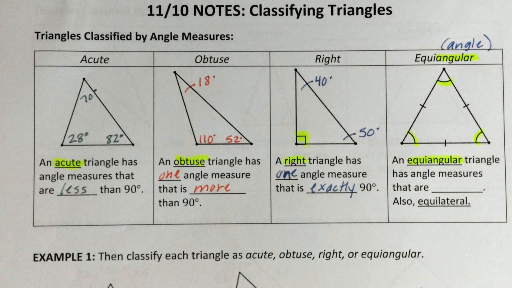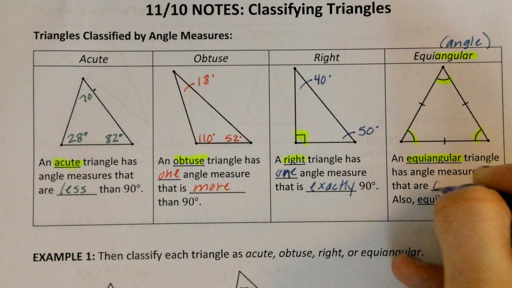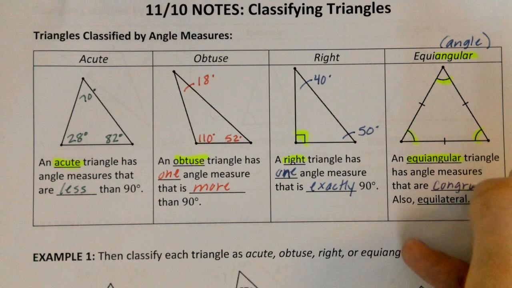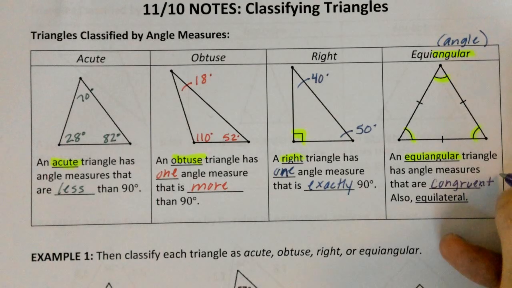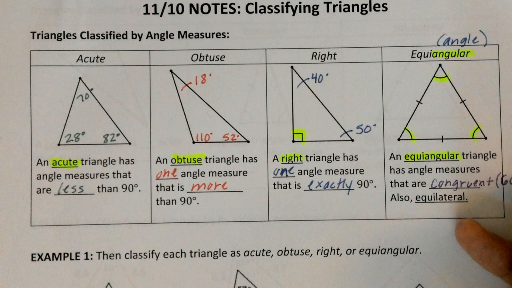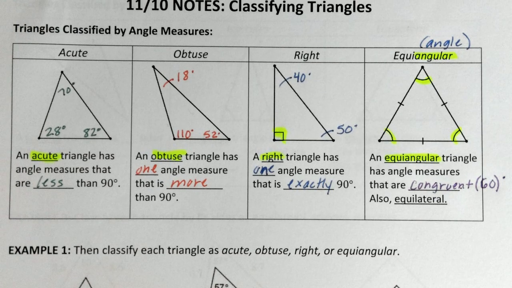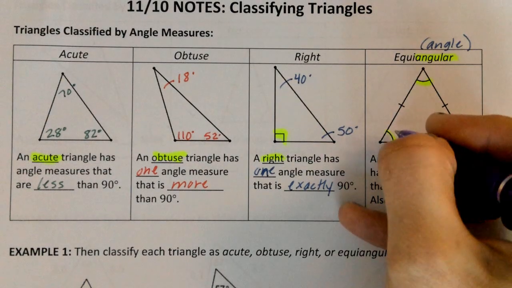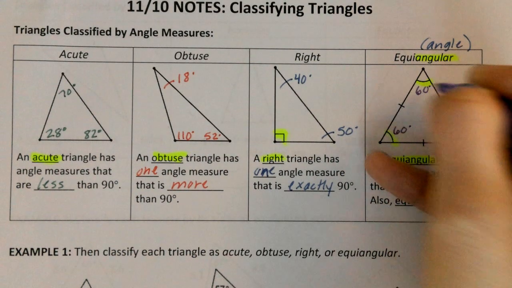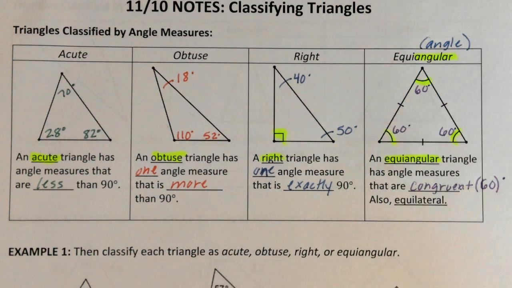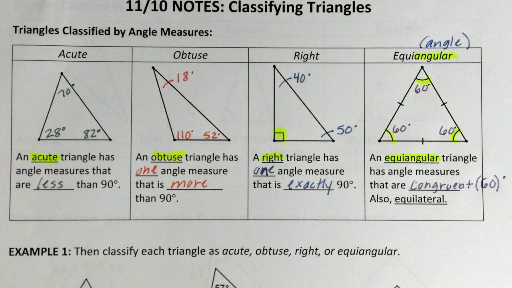An equiangular triangle has angle measures that are congruent. And in this, there is a set number, 60 degrees. In every single equiangular triangle, all three angles are automatically 60 degrees so that it can follow the triangle sum theorem that we'll talk about in another set of notes, all adding to 180.